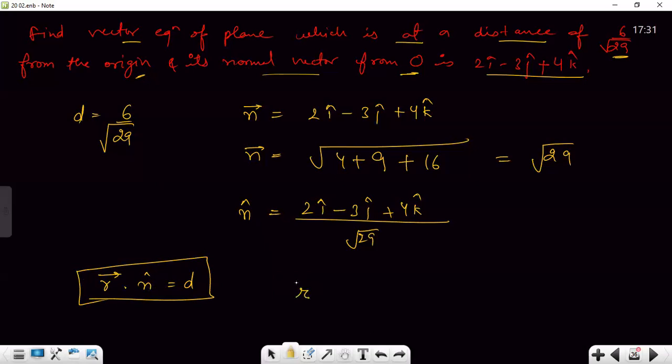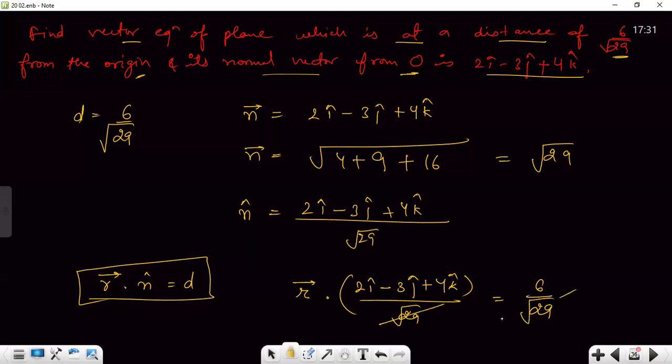We'll leave it as r vector only. R vector dot n cap, which is 2i cap minus 3j cap plus 4k cap divided by square root of 29, is equal to d, which is 6 by square root of 29.